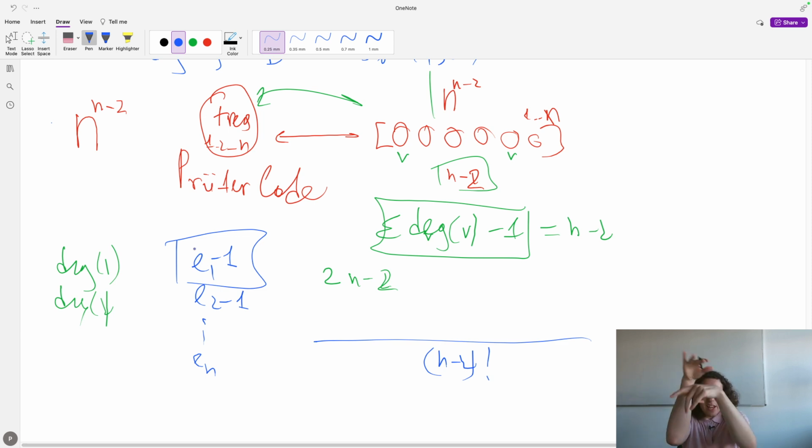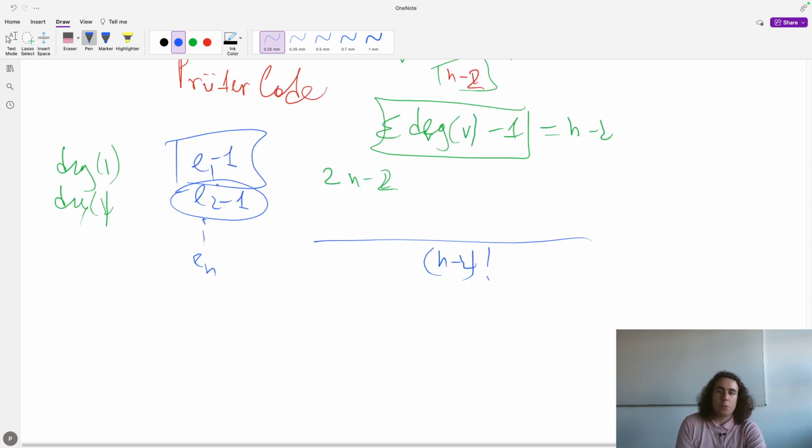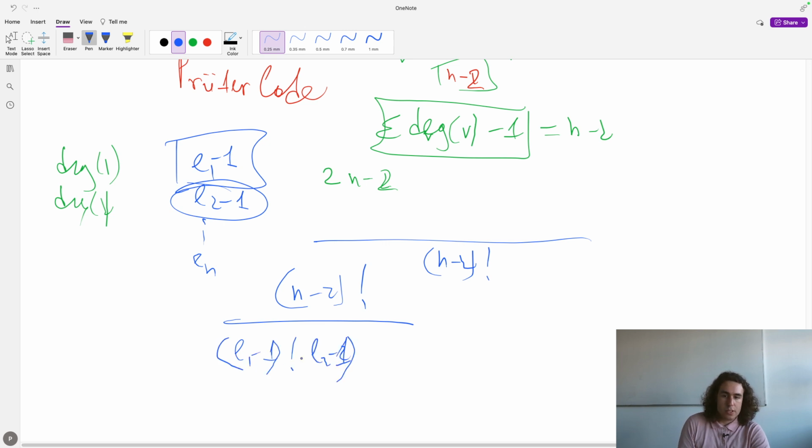We can permute them however we want, and this will not change anything. And the same way with these, and so on. So this is n minus 2 factorial over E1 minus 1 factorial times E2 minus 1 factorial, and so on, En minus 1 factorial. This is the answer. And this is the multinomial coefficient, n minus 2 over E1 minus 1, E2 minus 1, and so on, En minus 1.